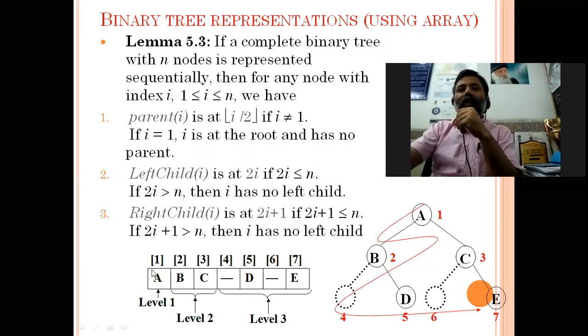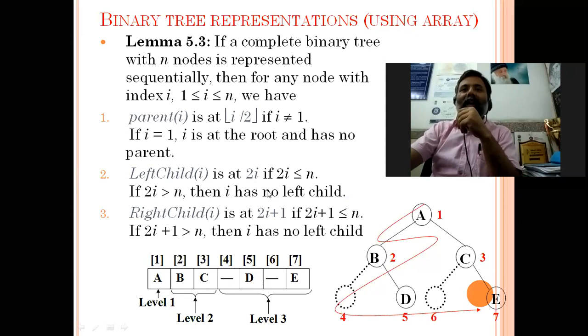So the root can be stored at the first index. You can see A is stored at the first index. Its left child will be stored at the index multiplied by 2, so the formula will be 2i. The left child will be at 2i, and the right child will be at memory location 2i plus 1.